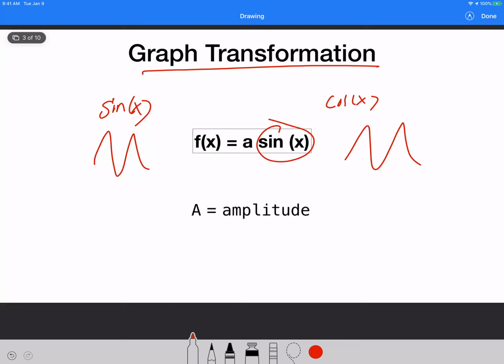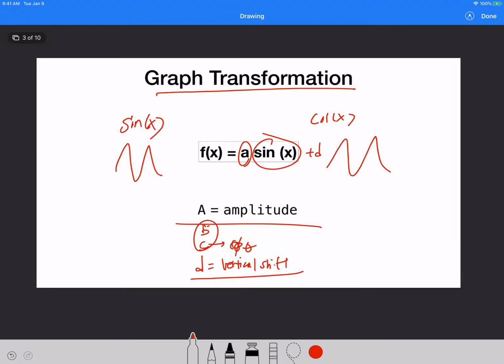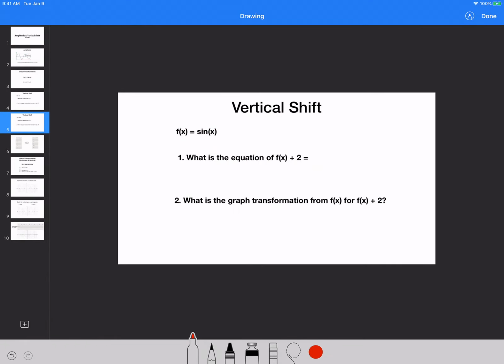However, when we're adding these components, the first one is amplitude, and the second thing that we're going to be learning is this plus d, and d we call the vertical shift. Of course, there's also b and c, or as we commonly know it, theta. But those two things are going to be skipped, and we're going to move right into the easier ones so that we can knock those out of the way and then talk about the harder ones later this week, like I said.